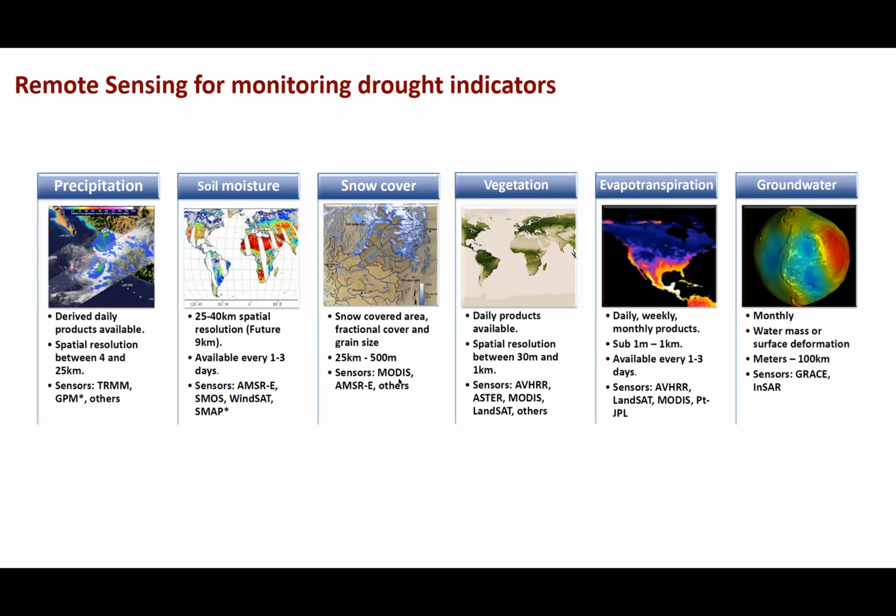Vegetation condition is a particular drought indicator, which can also be seen at farm level. I'll go through it at a later stage. ET is coarser, with 1 kilometer to 5 kilometer resolution data available. Groundwater is only for continental scale, at a very coarse resolution of 100 kilometer.